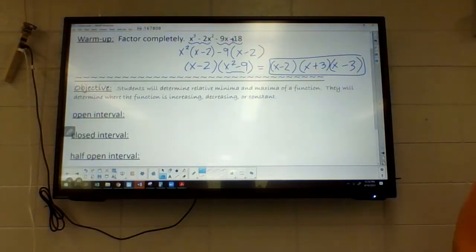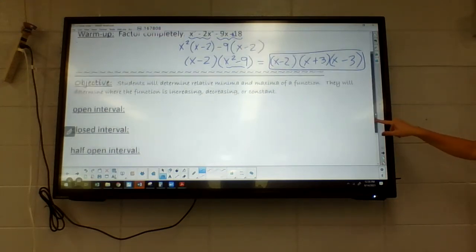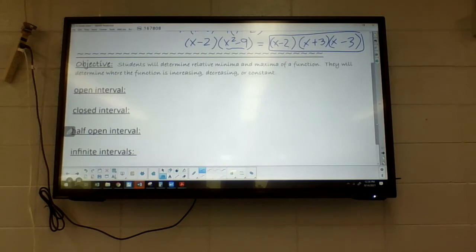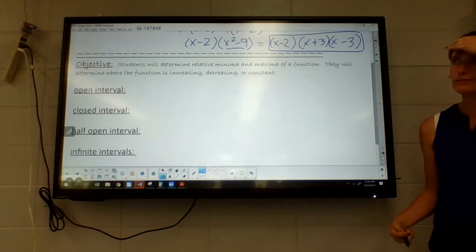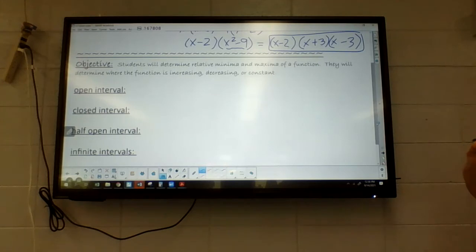All right, the next 4 vocab words we're not going to use a whole lot right now, but I just want to list them in case I mention it or it comes up. This goes back to when we talk about domain being from this value to this value.